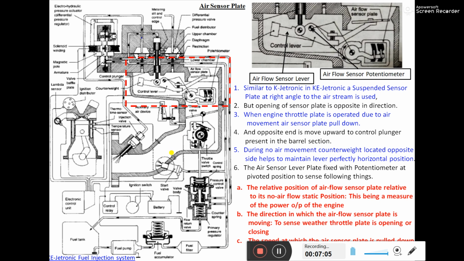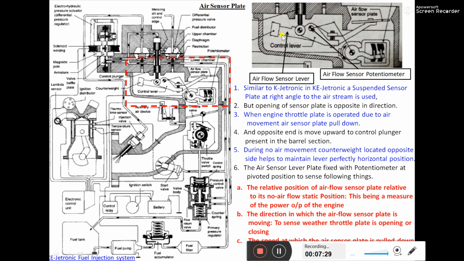Even so, the rate of acceleration and deceleration also matters with respect to the density of air. As we go above sea level, the density of air keeps decreasing, and as we come to sea level, the air density increases. So the opening and closing rate, I mean the pushing force of air on this air sensor plate, depends on the density. If air is more dense, the pushing force on this air sensor plate downward against the counterweight is more.